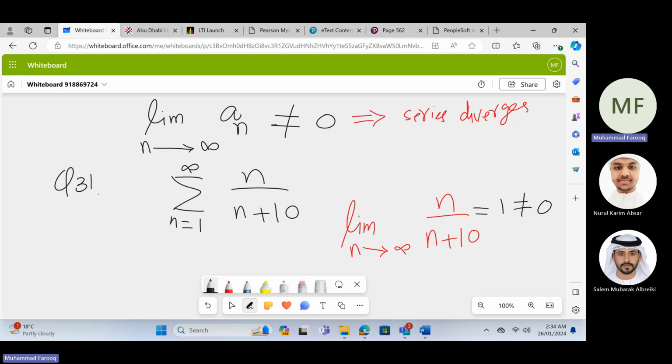If the calculation answer is not equal to 0, the series diverges. So this implies that question number 31 diverges. Understand? Yes or no, please?